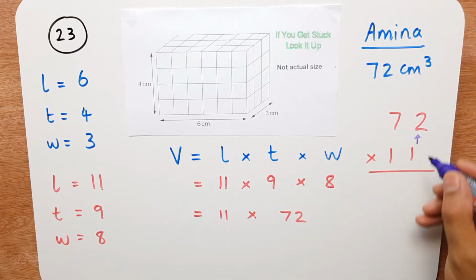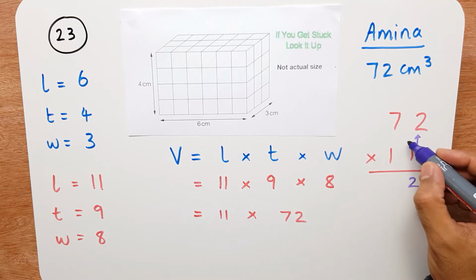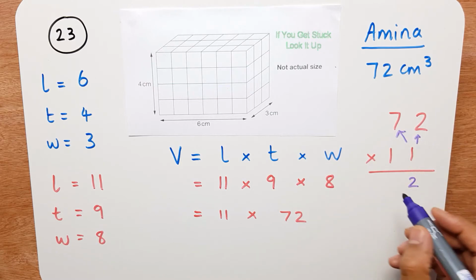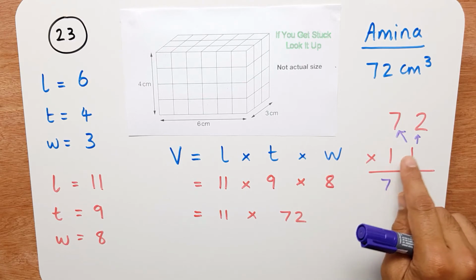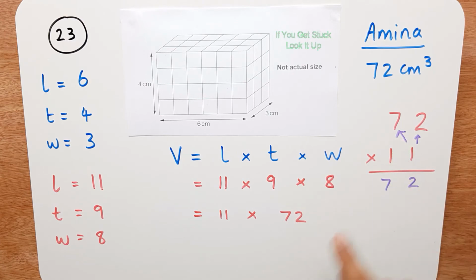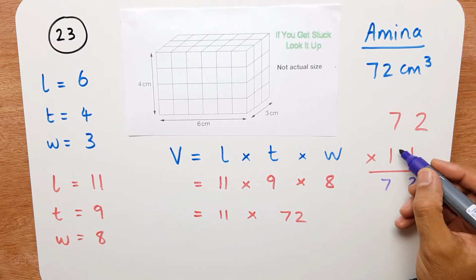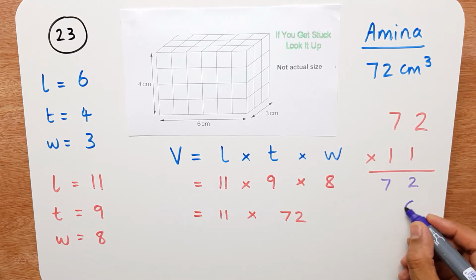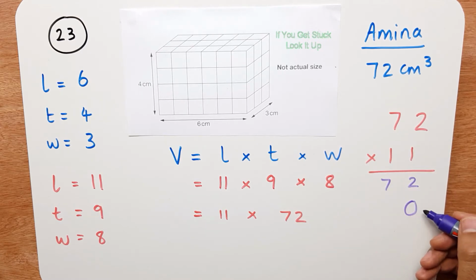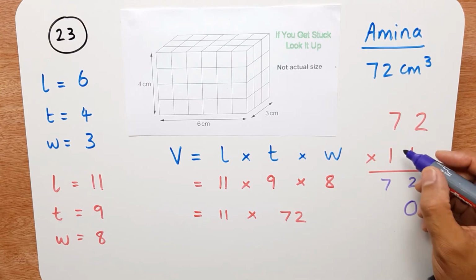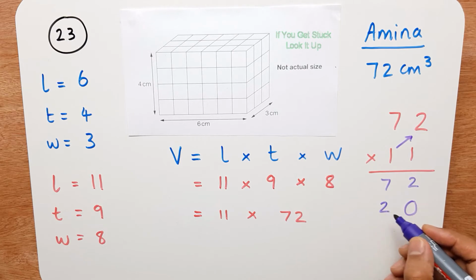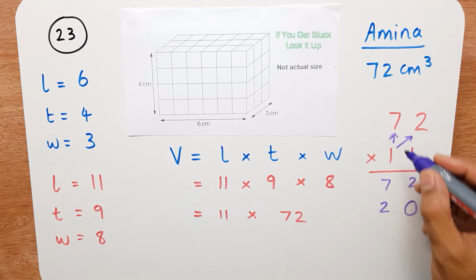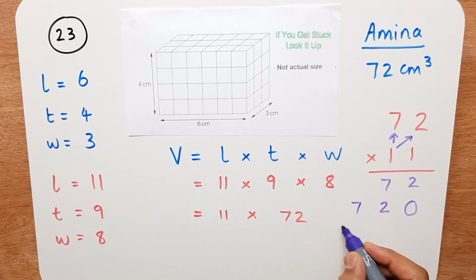1 times 2 is 2, and 1 times 7 is 7. Now I'm going to move on to the next column, but let me rub this out to make it easier. Before I start, I'm going to put a helper zero or a placeholder because it makes my calculation much easier. So now I simply do 1 times 2, which is 2, and 1 times 7, which is 7.